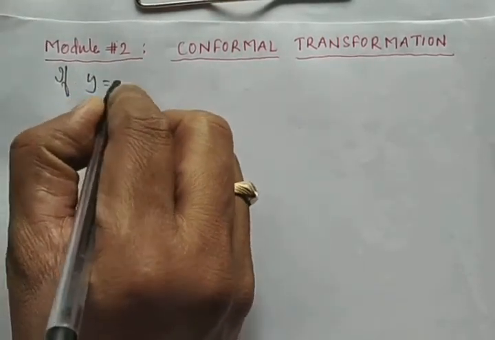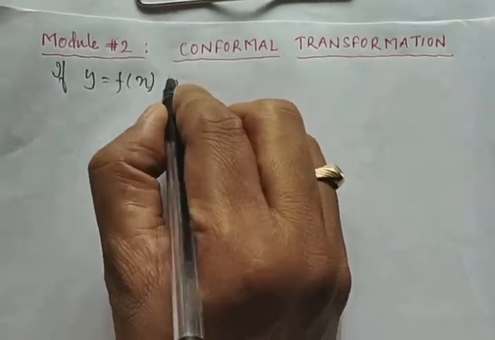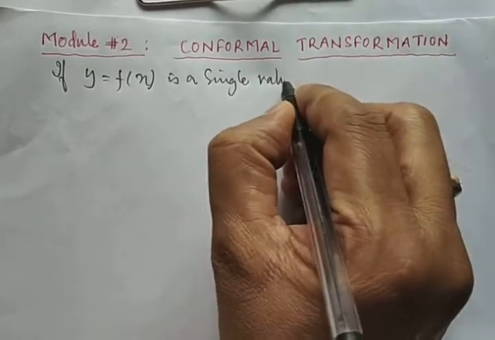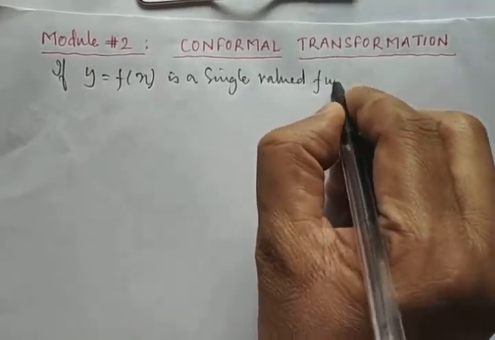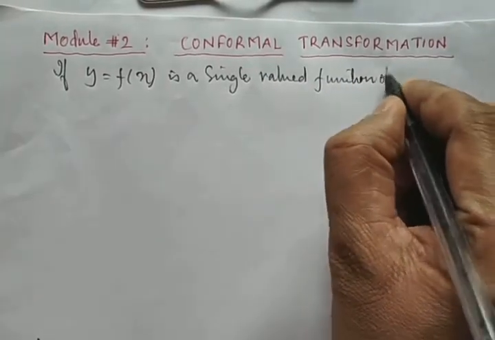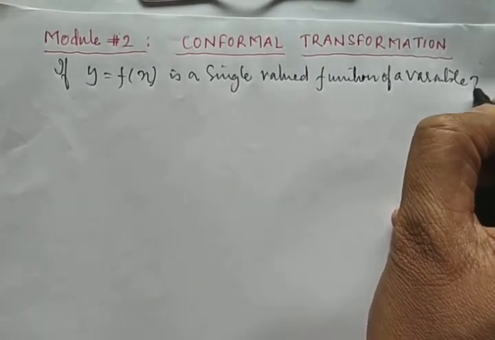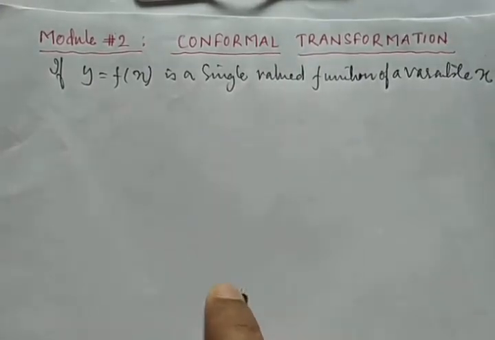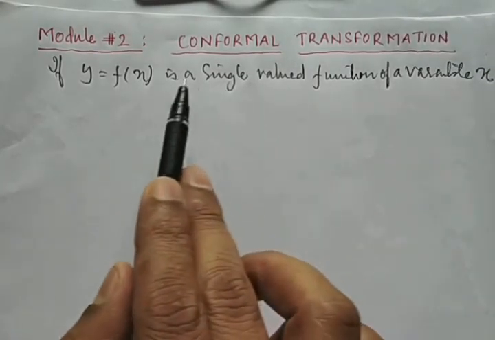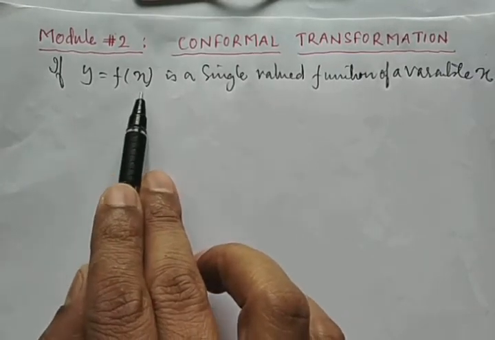If y is equal to f of x is a single valued function of a variable x, then for every value of x there will be a corresponding value of y, because y is a function of x.